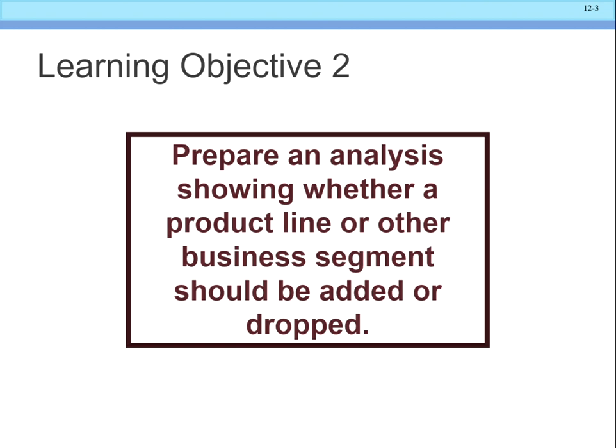So you can see that sometimes it's beneficial to close a division, sometimes it's not. The bottom line is, as long as a division is giving a positive contribution, then that division should be left open. So that's the bottom line you need to carry through.